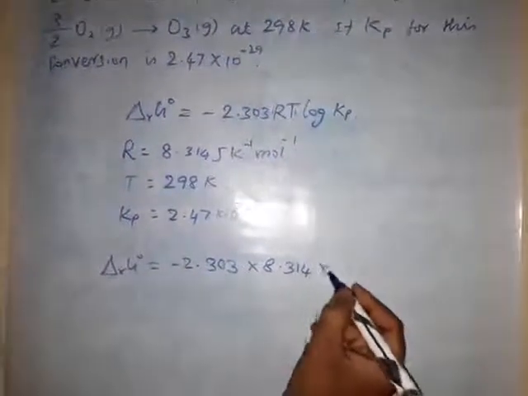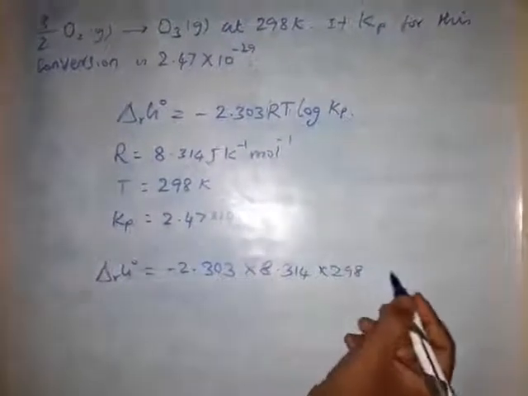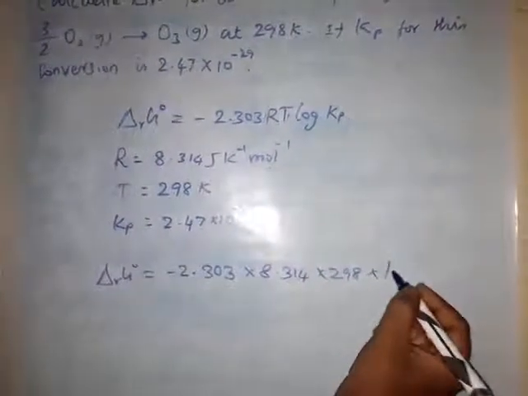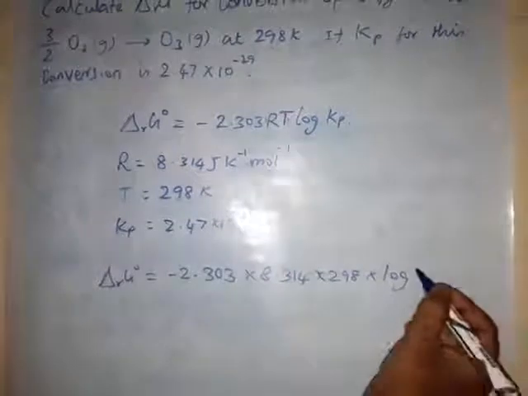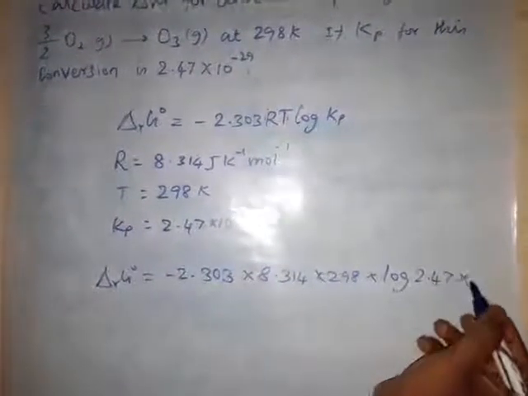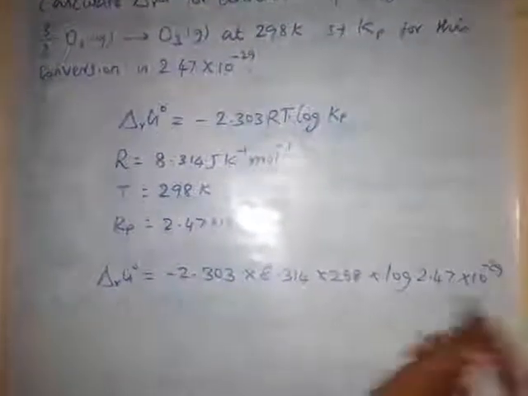8.314 into 298, that is log Kp is 2.47 into 10 power minus 29.